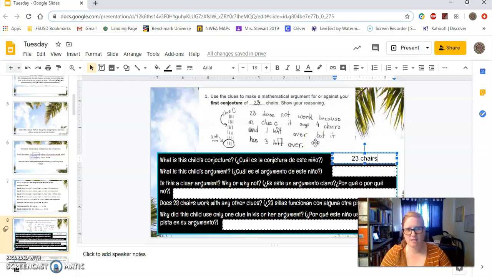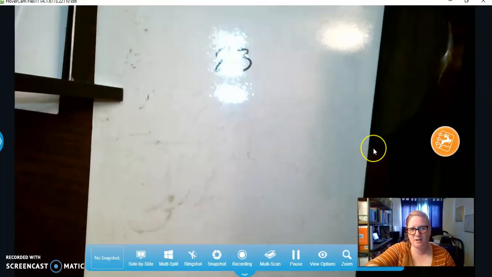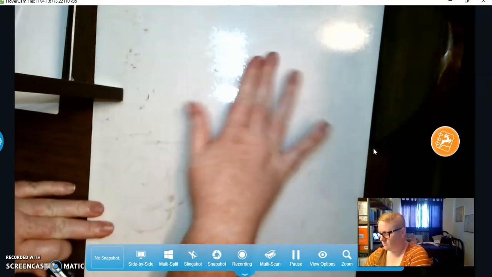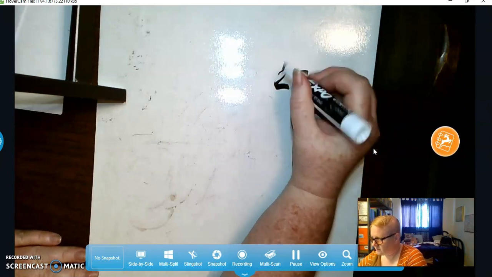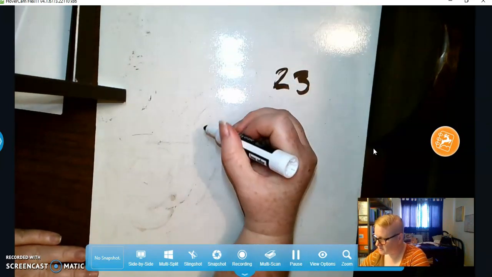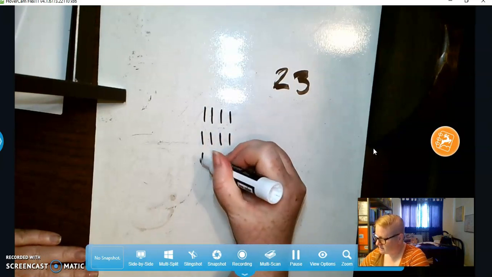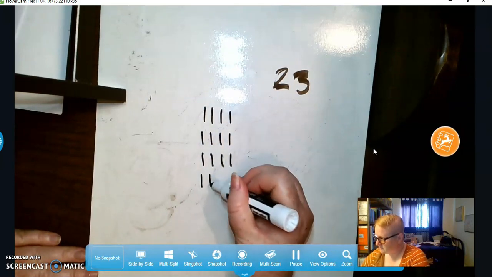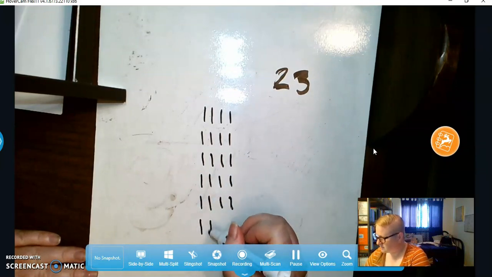So if I have 23 and I'm going in rows, they said for clue C. So let's look at clue C. It says when there are 4 chairs in each row, I have 1 leftover chair. So as I look at my hover cam, write 23 over here. When there are 4 chairs in each row, 1, 2, 3, 4, 5, 6, 7, 8, 9, 10, 11, 12, 13, 14, 15, 16, 17, 18, 19, 20, 21, 22, 23.